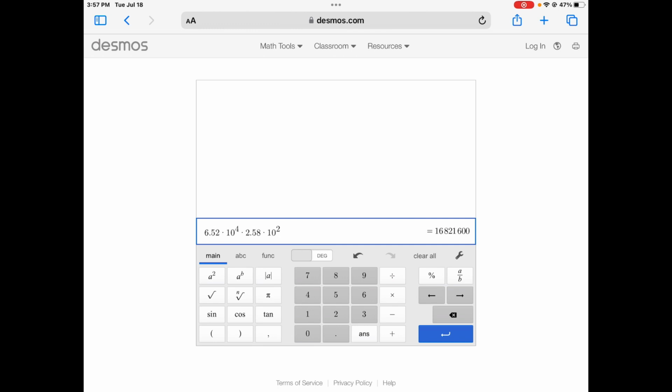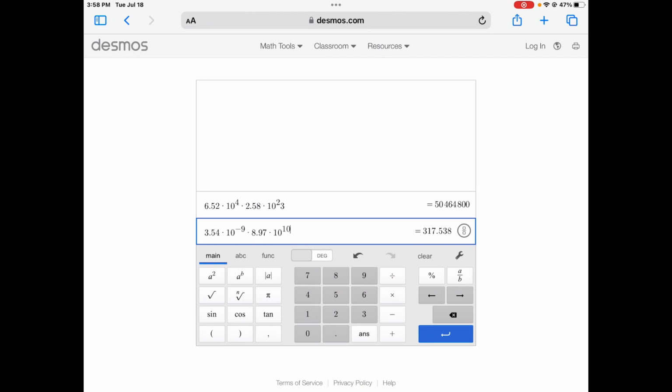All right, let's do our next one. Our next one is 3.54 times 10 raised to the negative 9th, times 8.97 times 10 raised to the 10th power.